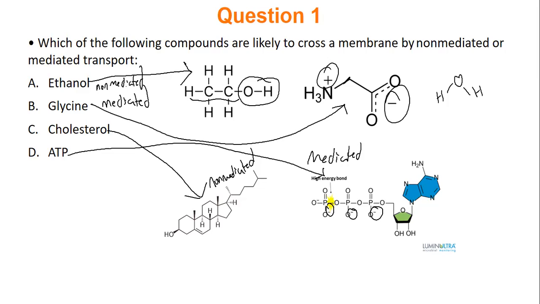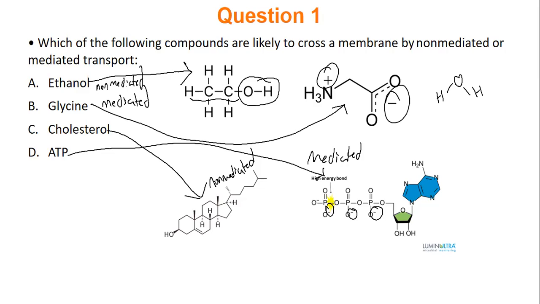Any charge is mediated, no positive or negative. If a molecule is charged, it's not going through the membrane without some kind of protein to bring it through. So any ion. Basically, polar groups do not want to go through the lipid bilayer unaided as well.